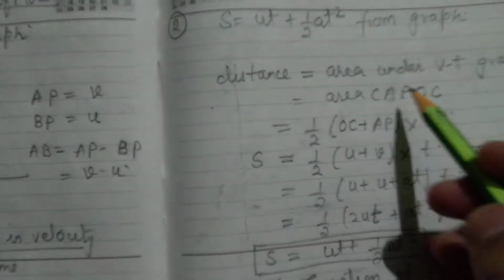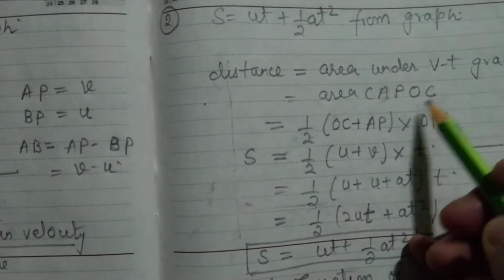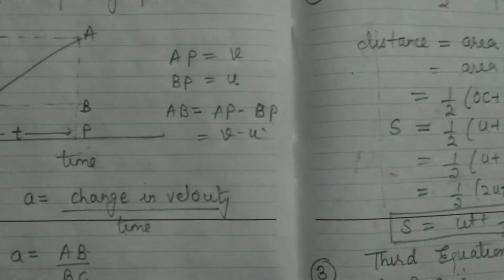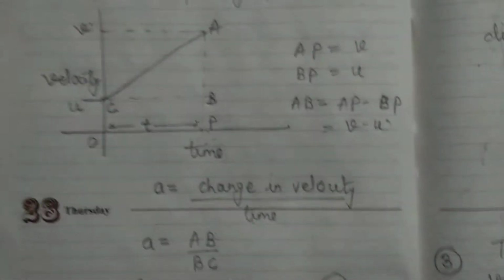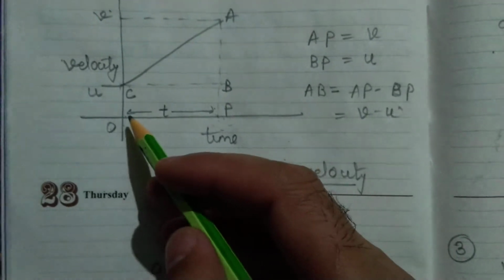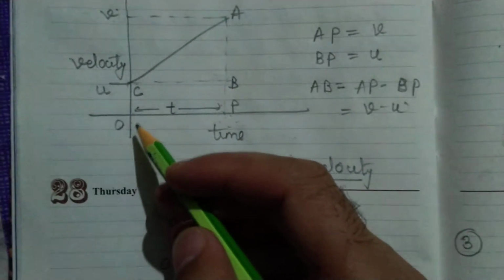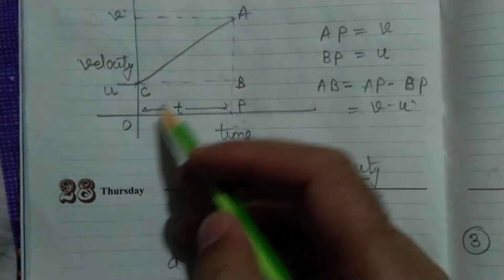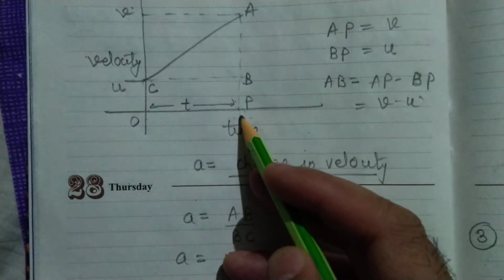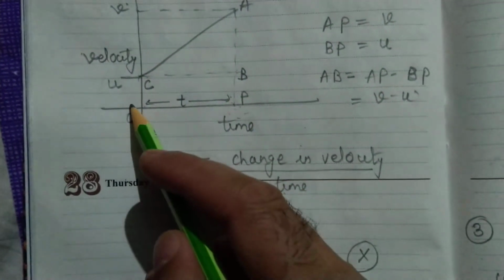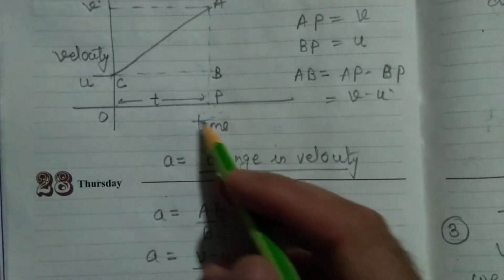I have written it here, CAPOC. Now to find this area, what we have to do is that we have to simply find the area of this trapezium, and for that the formula is half sum of parallel sides. This is one side, this is another side. Sum of parallel sides multiplied by the distance between the sides.